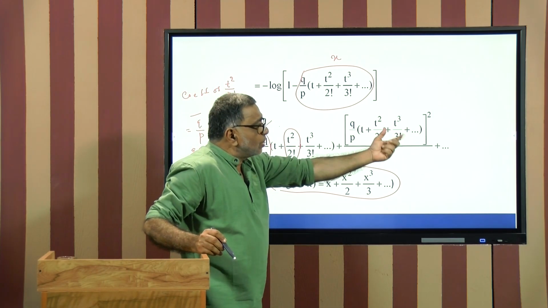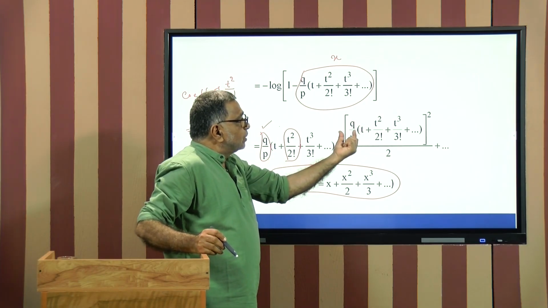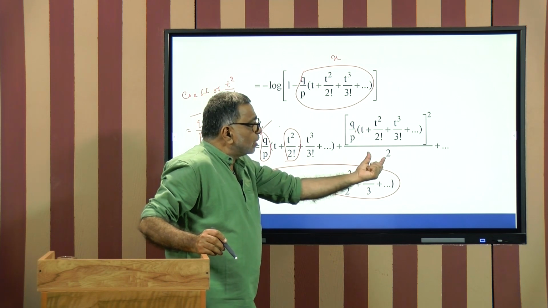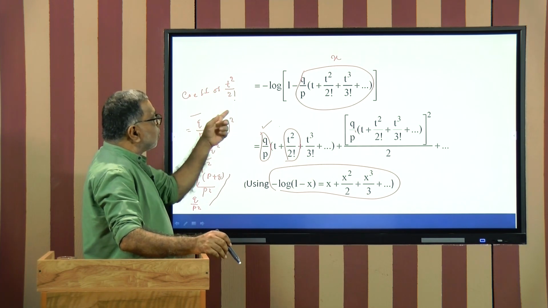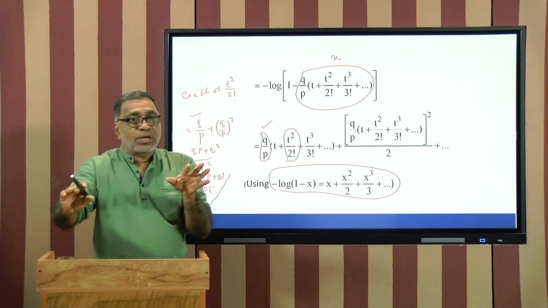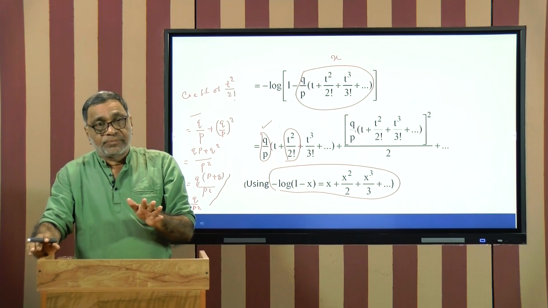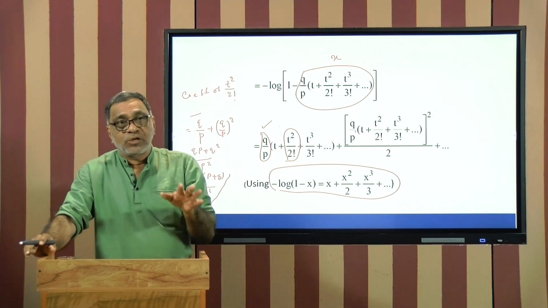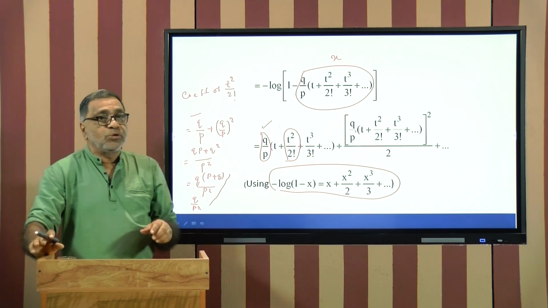So, when you are squaring, this expression is t square, and so q divided by p the whole square t square divided by 2 factorial, that is 2 itself. So, the coefficient is q divided by p the whole square. All other terms are powers of t higher than t square. So, the coefficient of t square divided by 2 factorial is this one. Simplifying, you will get the value q divided by p square.